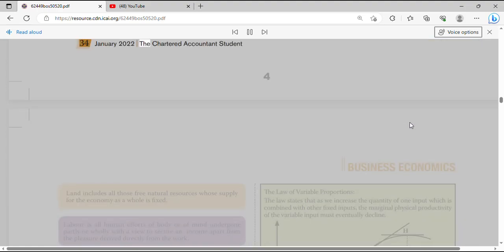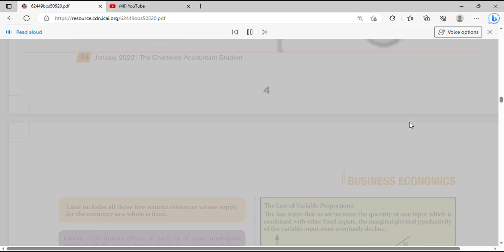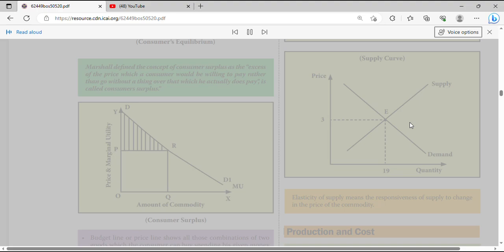Consumer's Equilibrium. Consumer Surplus.